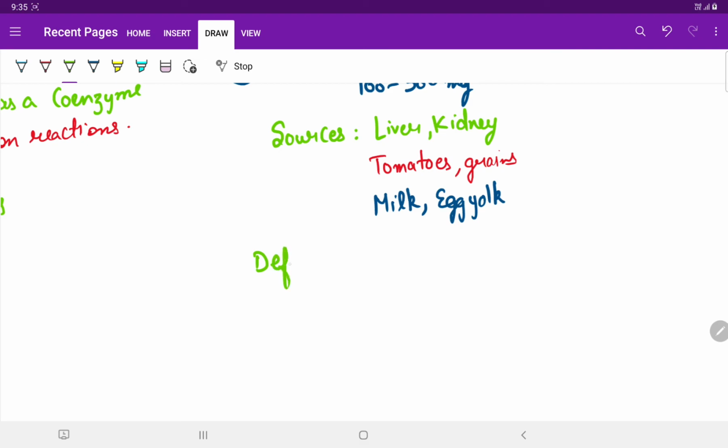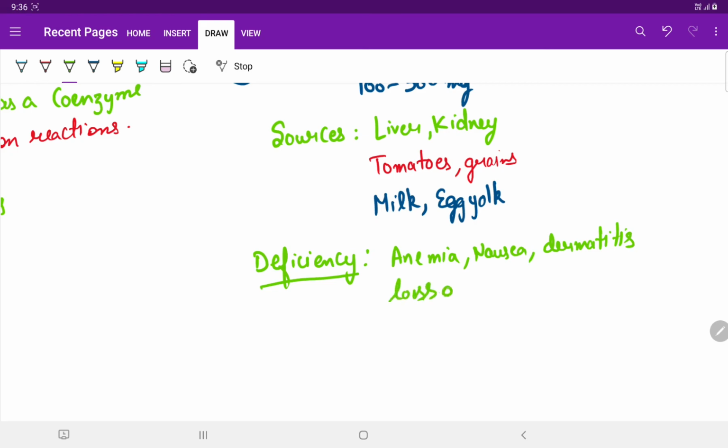The symptoms of biotin deficiency include anemia, nausea, dermatitis, loss of appetite, and glossitis.